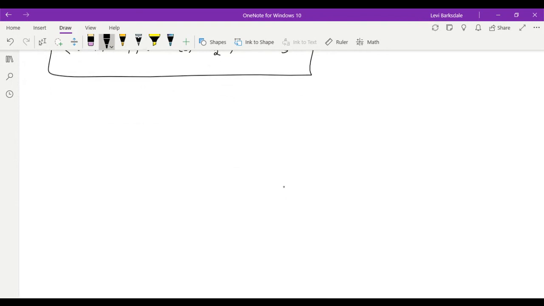All right, now let's talk about some velocity and acceleration. And these are going to use some of the differentiation and integration rules you had.